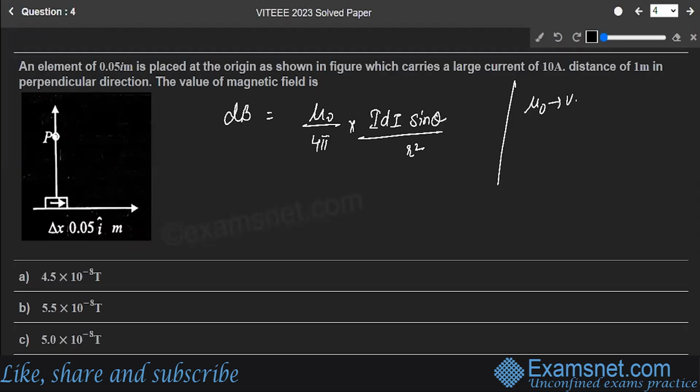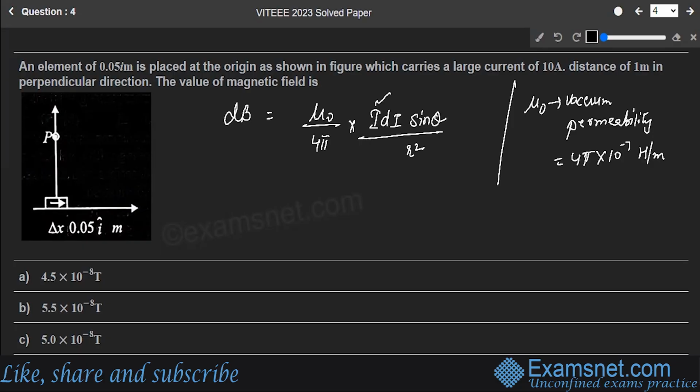Here mu naught is your vacuum permeability, and the value is given by 4 pi into 10 power minus 7 henry per meter. So this is your current. Let's write down these values as well.